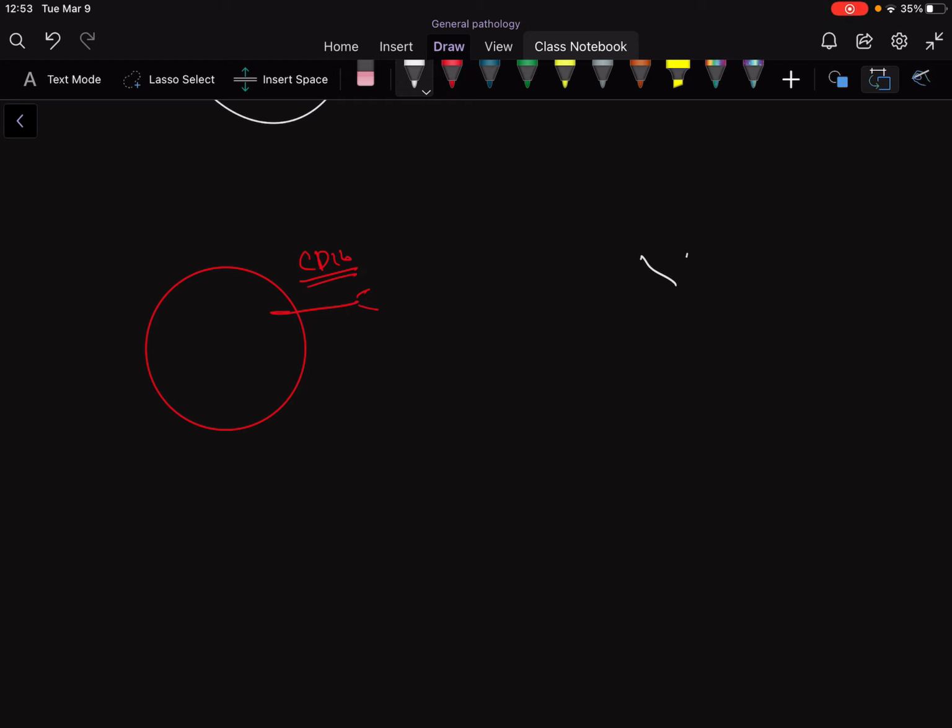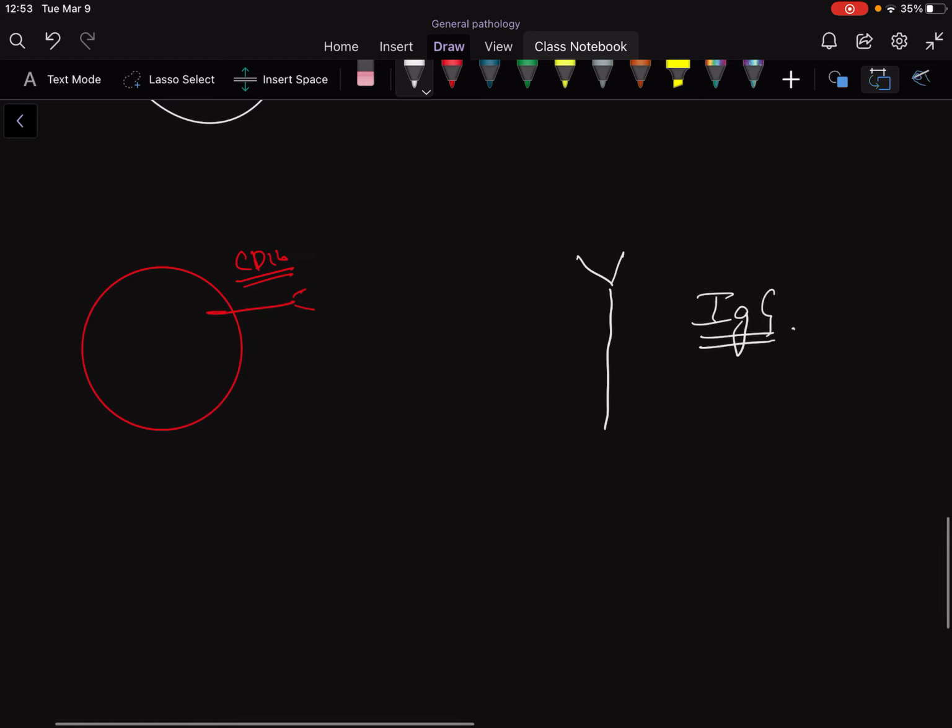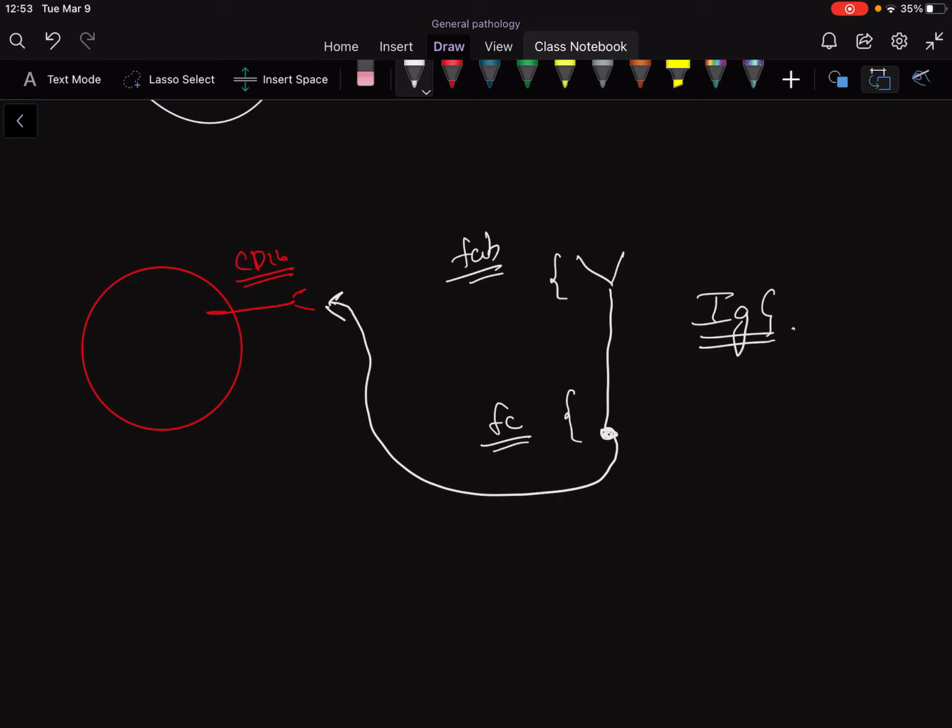As you know, this is the antibody IgG, or immunoglobulin G. IgG consists of two portions: one is the Fab portion and this is the Fc portion. This Fc portion will go and bind to this CD16 and activate the natural killer cells. So that was the function of the CD16.